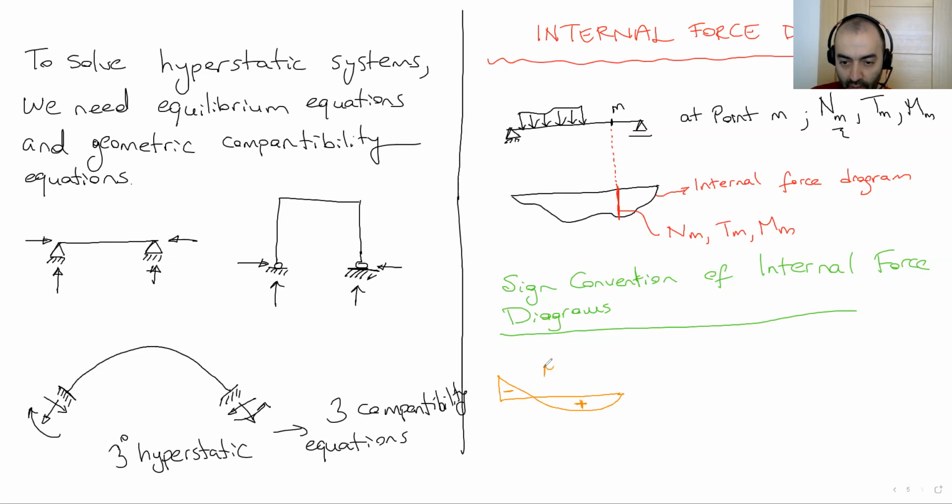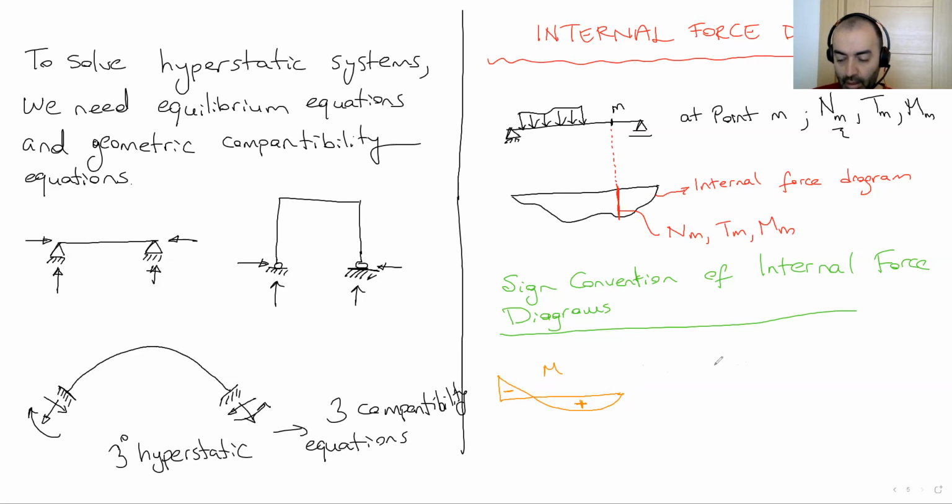This curve is just an example, but what I'm trying to explain, if I draw a moment diagram, this is my viewpoint, wave line. The bottom part is positive. In moments, bottom part is always positive, top part is negative.